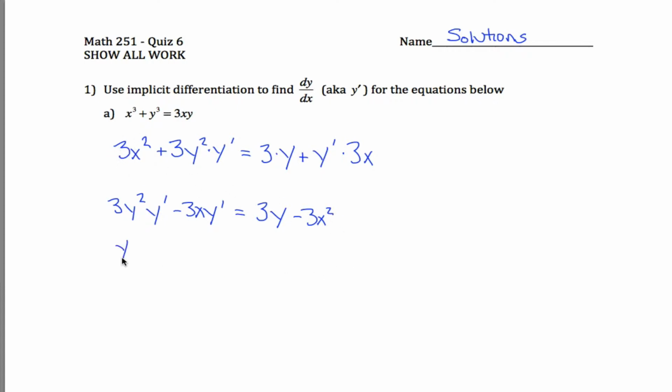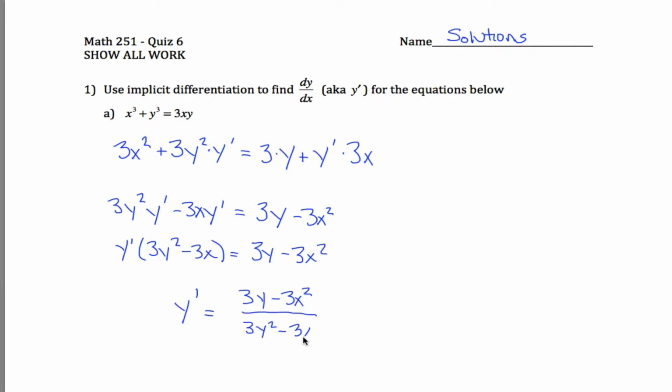Now I can factor out a y prime since every term on the left-hand side has a y prime in it, and get y prime times (3y squared minus 3x) equal to 3y minus 3x squared. So y prime is equal to, if I divide both sides by 3y squared minus 3x, 3y minus 3x squared divided by 3y squared minus 3x.